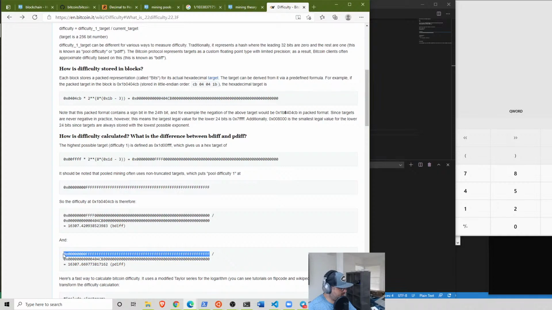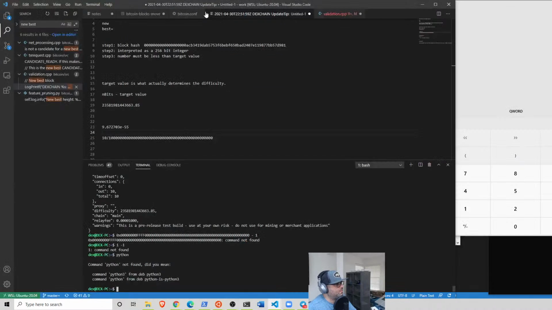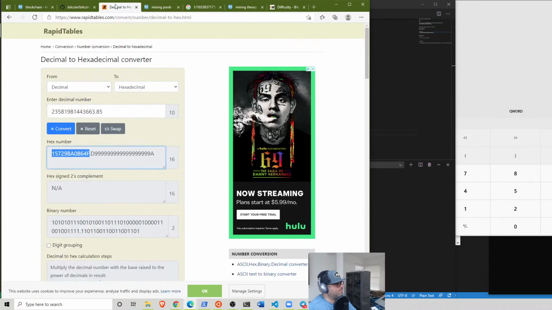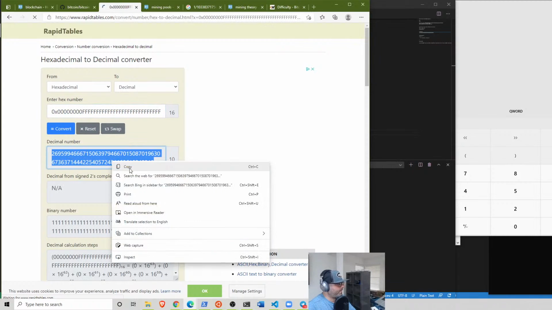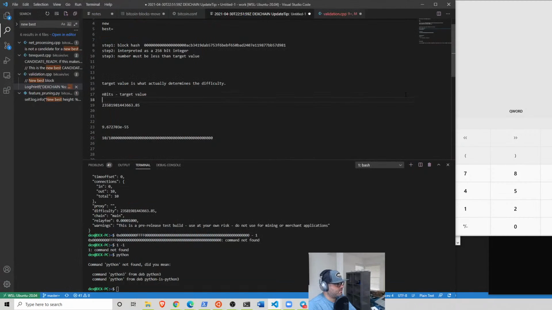Let's just see what they're talking about. The pdiff is this. Hexadecimal. This number. Let's see if that even makes sense.